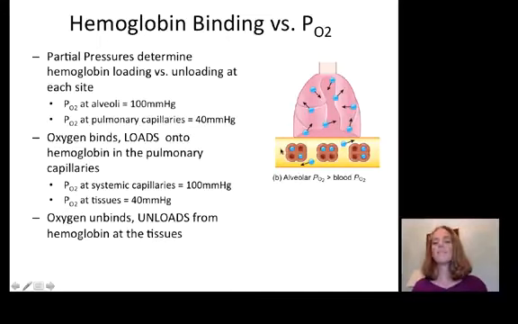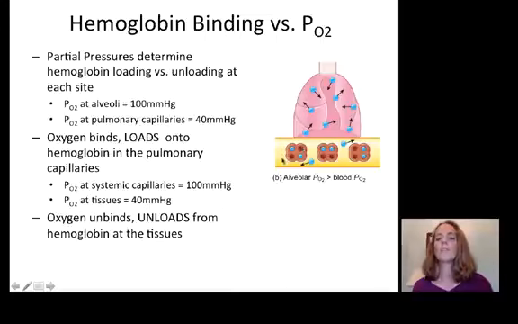So here is a visual of the 4 subunits of hemoglobin, 1, 2, 3, 4, 1, 2, 3, 4, 1, 2, 3, 4. So when you have 4 out of 4 subunits of hemoglobin filled with oxygen, then you have 100% binding of oxygen. When you have just 2, then that's 50%. 3, 75%. 1, 25%.